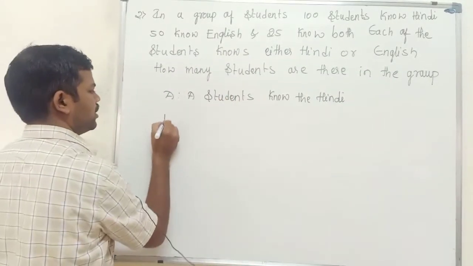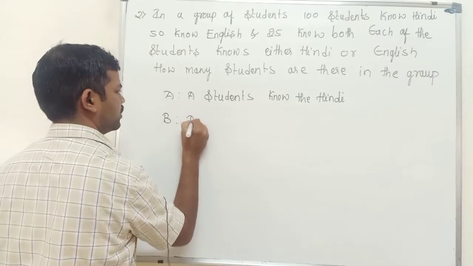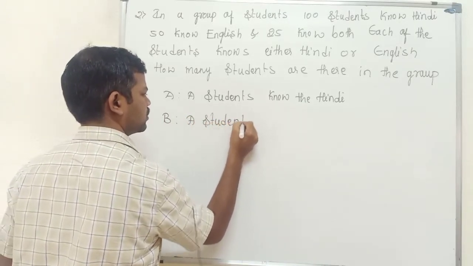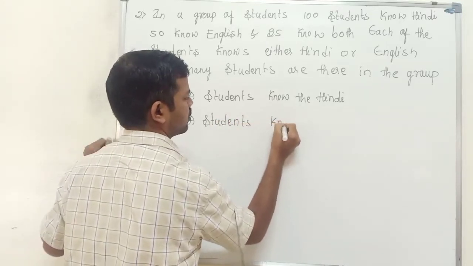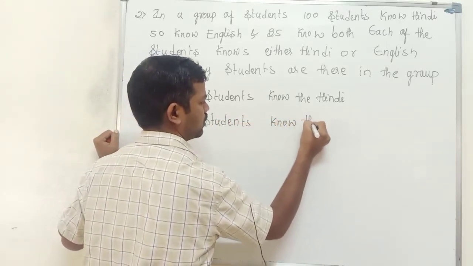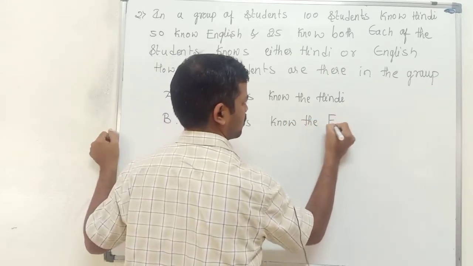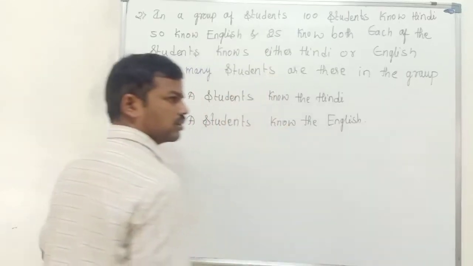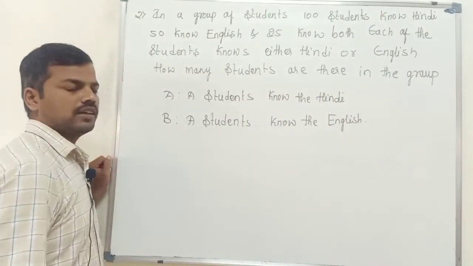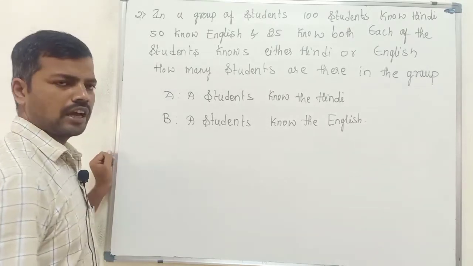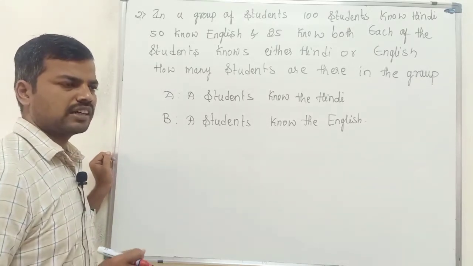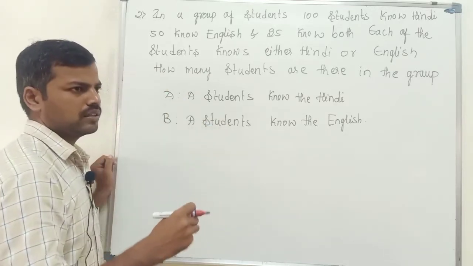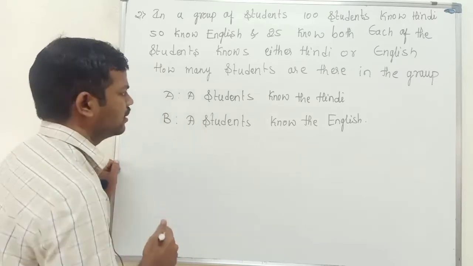Next, B is a set of students who know the English. So first, what they have given, we have to collect all the data and write what they want us to find out. So what we have to find out, we'll see.